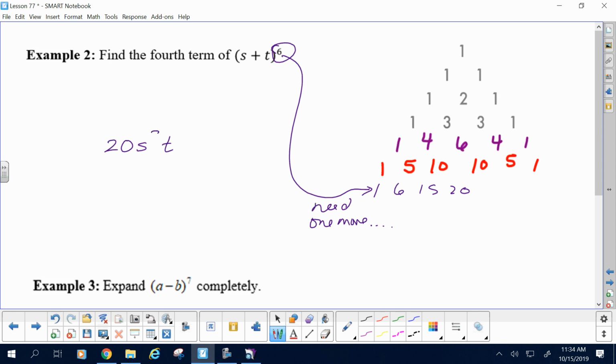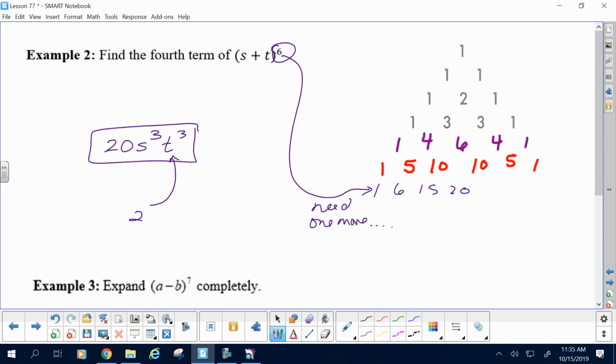Perfect. Once you know 3, then you can either count up to t, or you could say they need to total to 6, right? Either way, t's exponent is 3. Okay? It's actually easiest to find this one first.